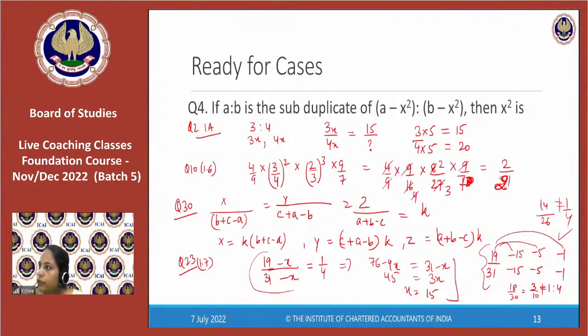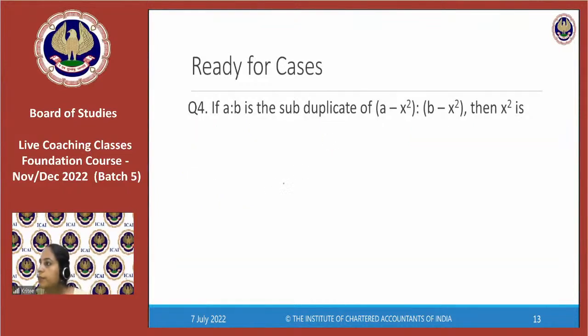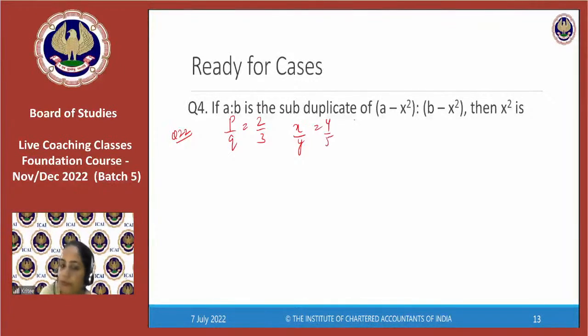Okay, this one we can do. Question number 22. If P is to Q is 2/3 and X is to Y is 4/5, you have to find the value of (5px plus 3qy) upon (10px plus 4qy).